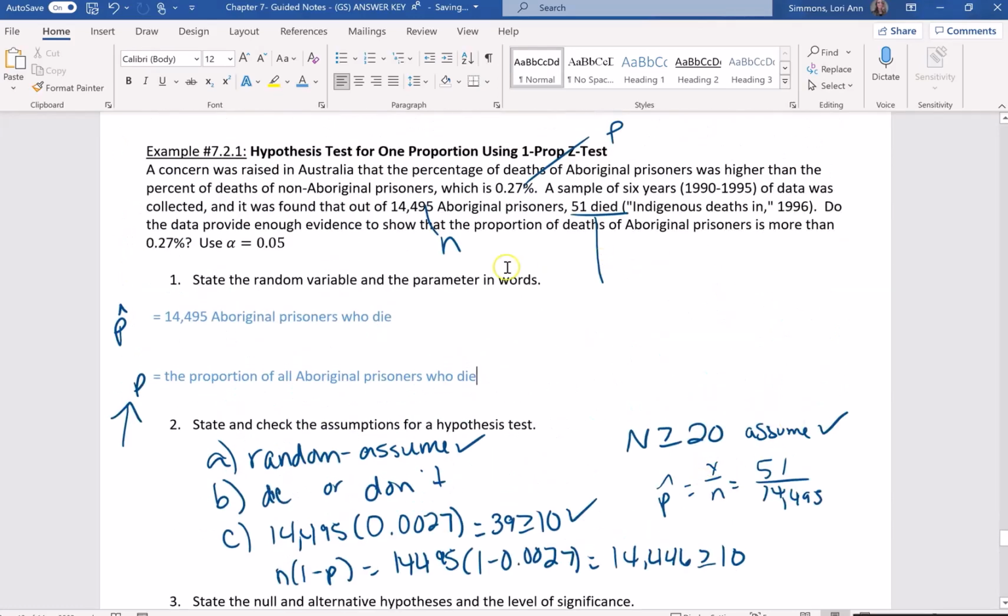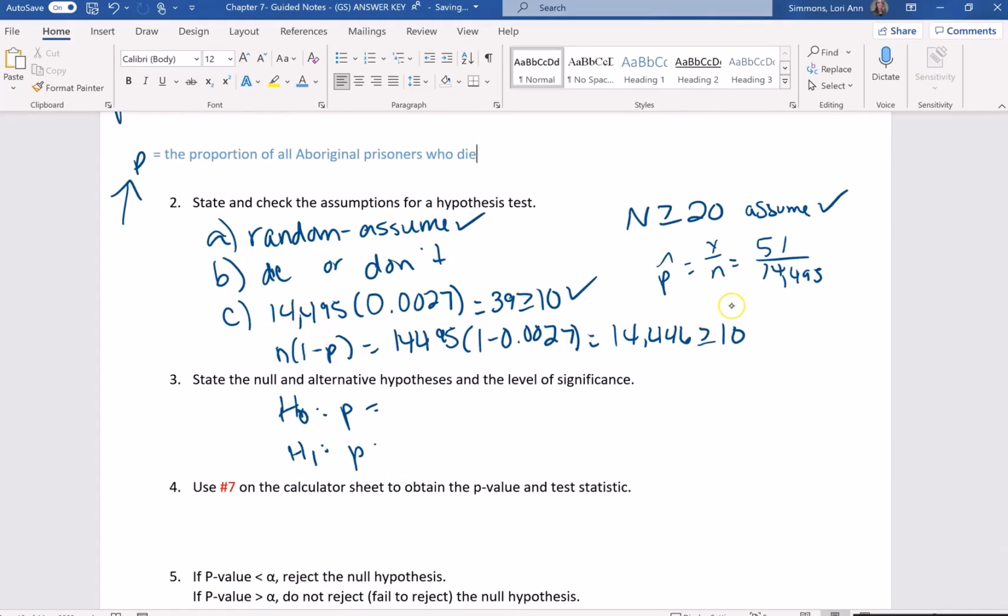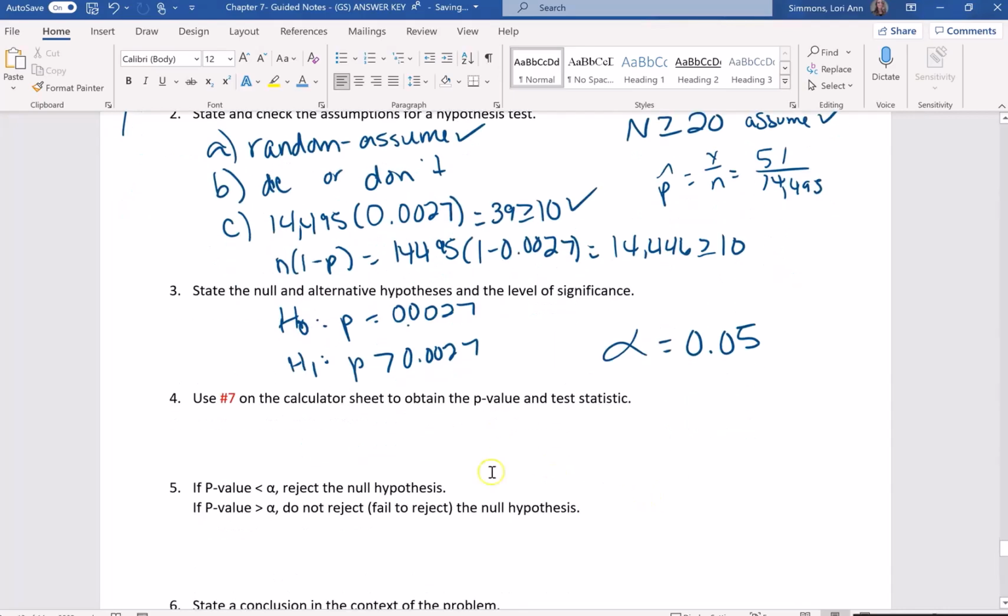Okay, it's usually in the question. Does the data provide enough evidence to show that the proportion of deaths is more than 0.27%? So greater than. And our alpha was 0.05.